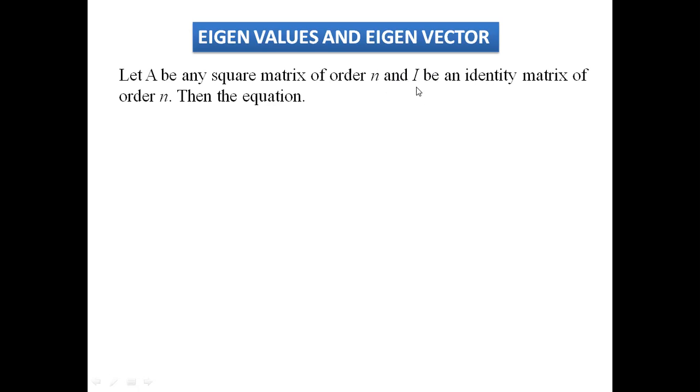Now you subtract that matrix from the given matrix and get the determinant. If you obtain the determinant, we obtain a polynomial in terms of lambda. That equation is called the characteristic equation.